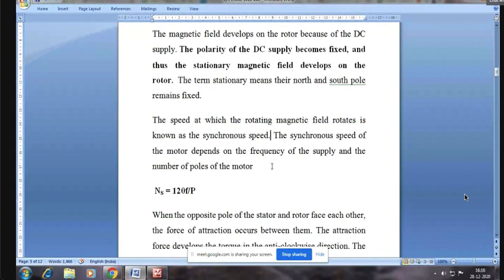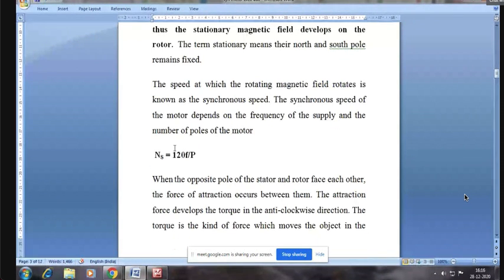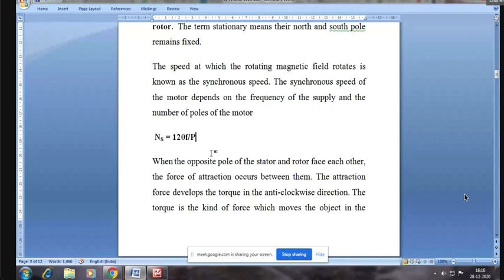And that synchronous speed is nothing but 120 f by P. That means it depends on what frequency of the supply voltage prevails and the number of poles on the stator. So depending on that, the speed of the rotating magnetic field is fixed. Is it clear?